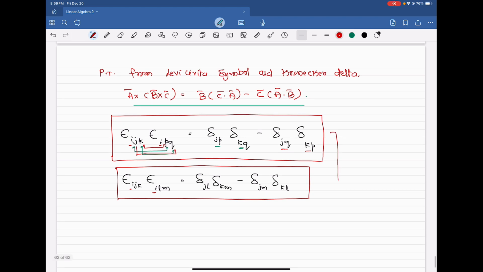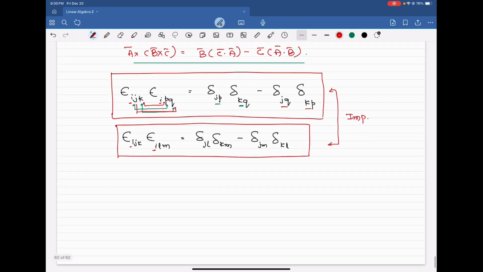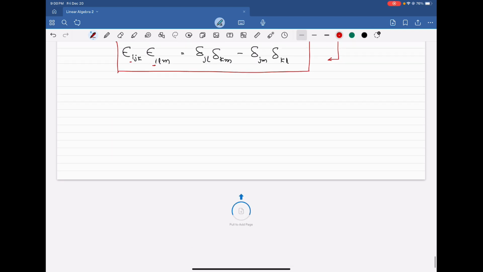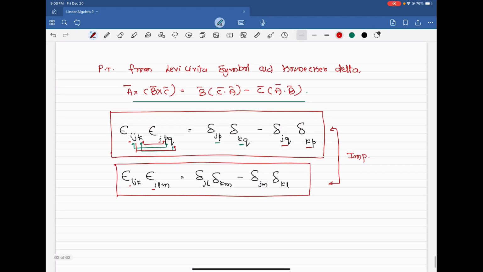This is a very, very important relation between Kronecker delta and Levi-Civita symbol. Now by using this particular relation, we can prove any property of the vectors, like A cross B cross C is equal to B into C dot A minus C into A dot B. These things we can prove very easily using this symbol.